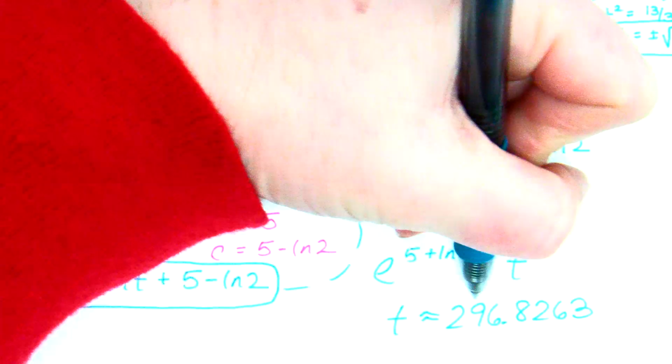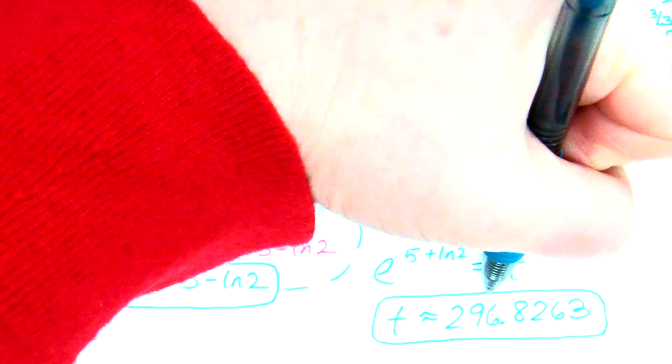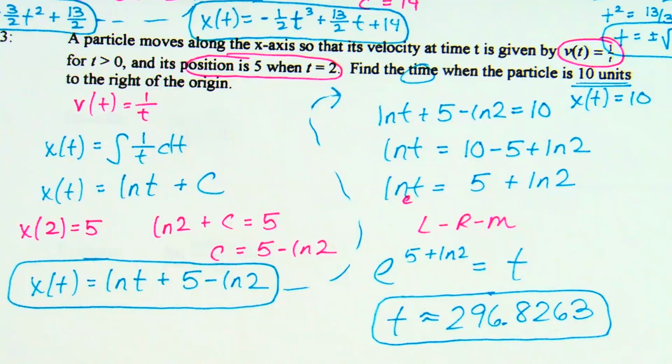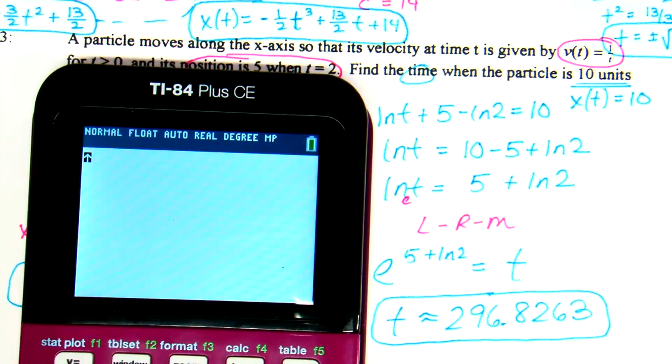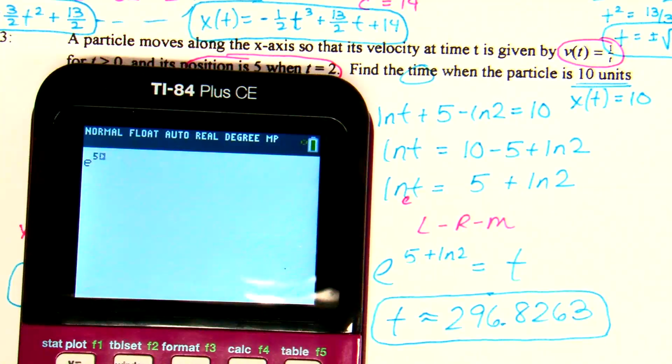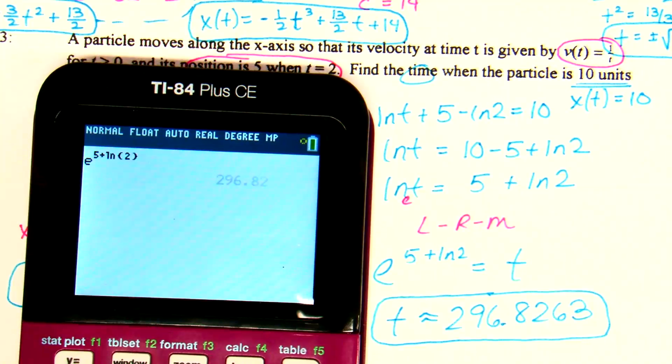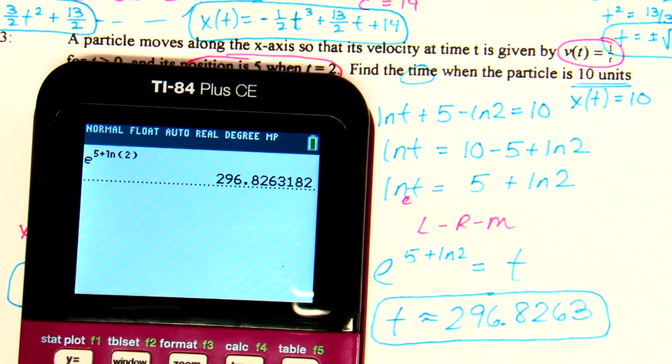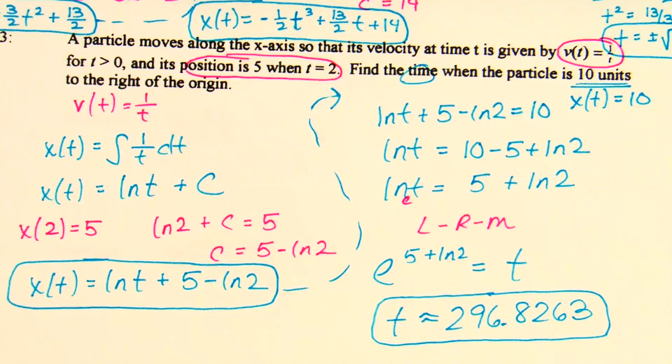Does he get what I have written down in my notes already? Yes? Okay. Yep. So 296.8263 if you go 4 decimal places, 826 if you go 3 decimal places. Kind of a big time.